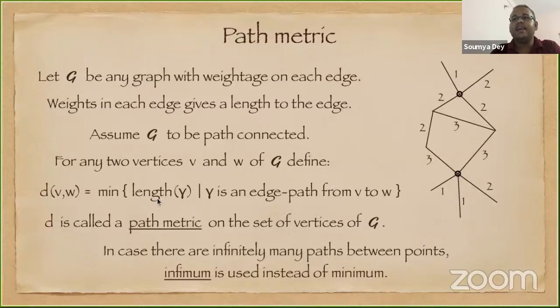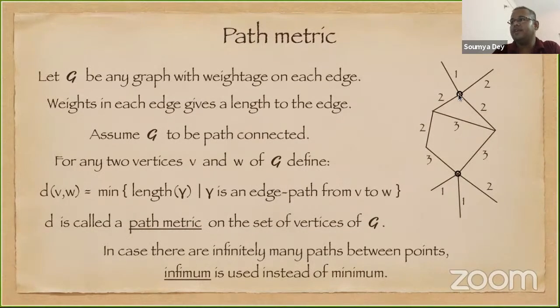So the idea is what? You consider all edge paths between two such vertices V and W and take the least possible. So the minimum of all these lengths of gamma, where gamma is an edge path from V to W. In this particular example, if you take this point and this point, what is the path which has minimum length?